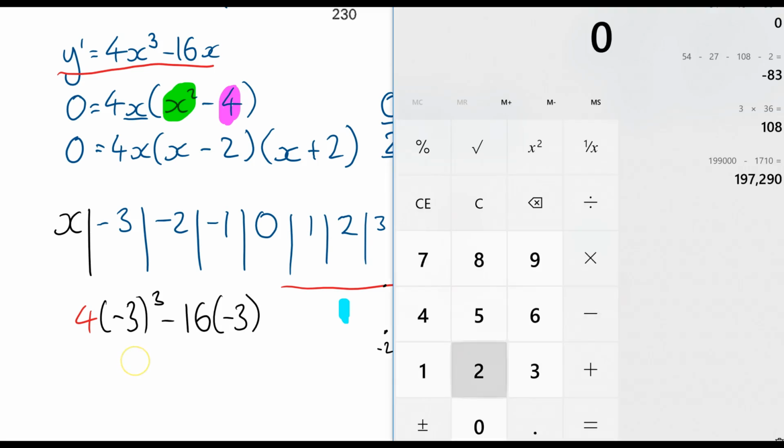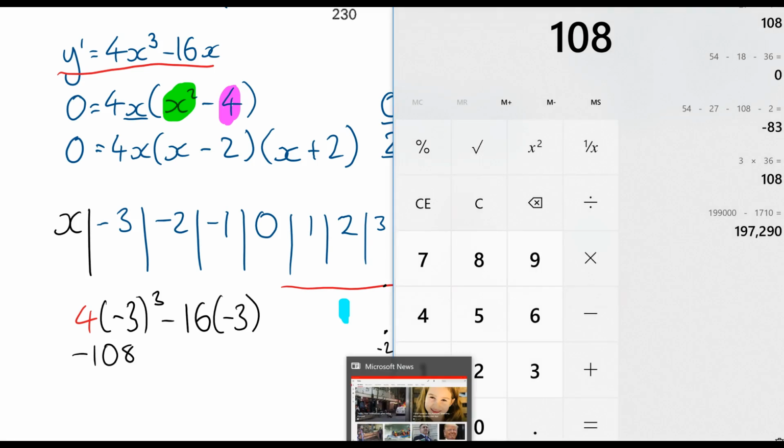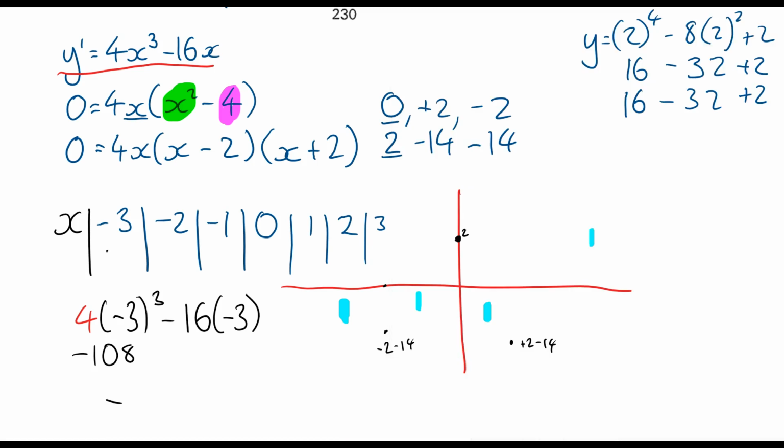And if you calculate, that's -108 plus 16 times 3, which is going to give us a negative answer. So the gradient y dash is negative there. Notice we don't need the numbers, just the sign. This one's going to be 0, so it's got no sign.